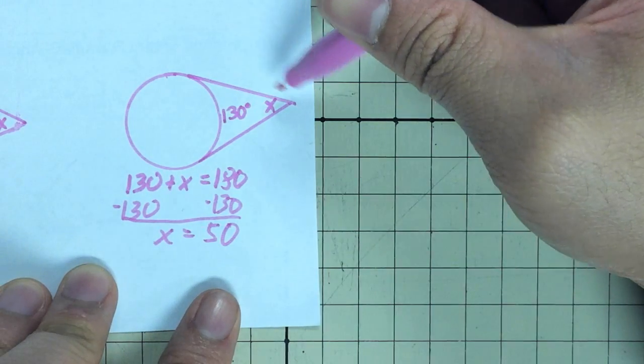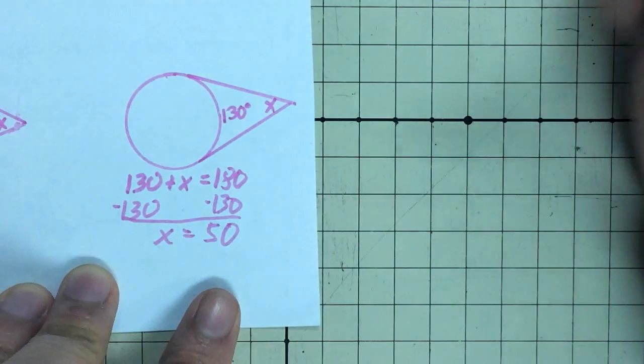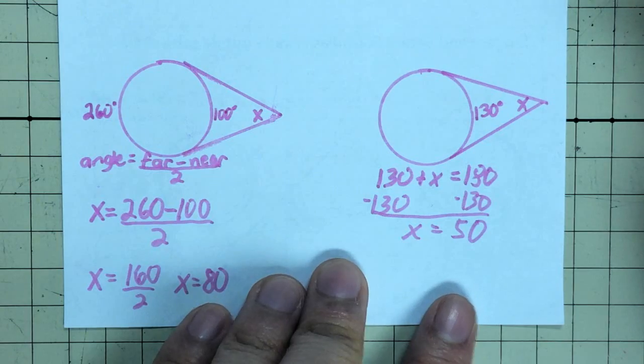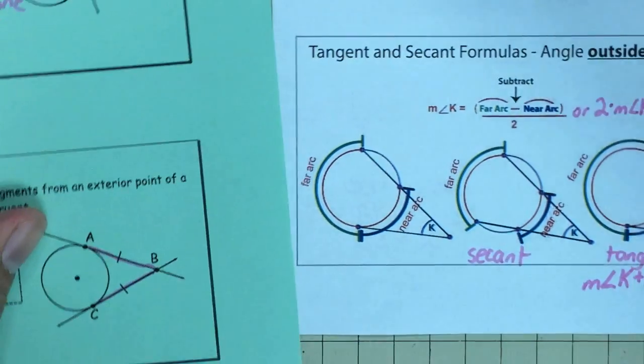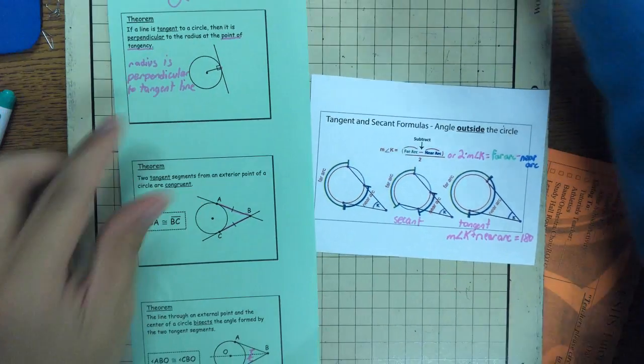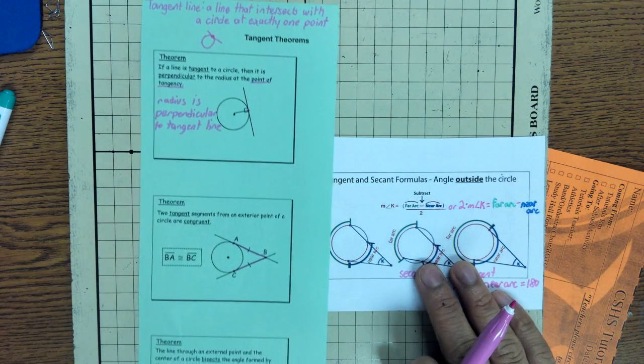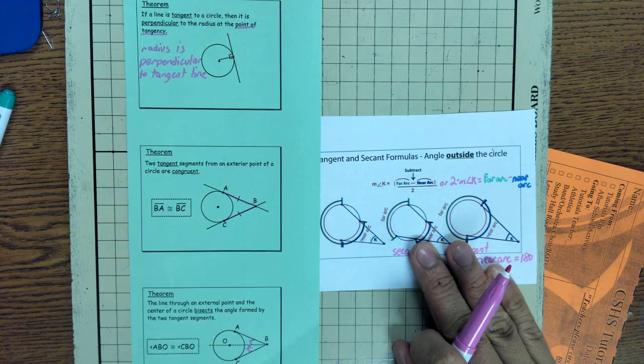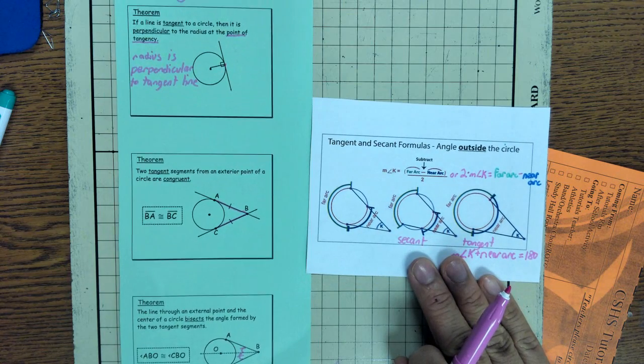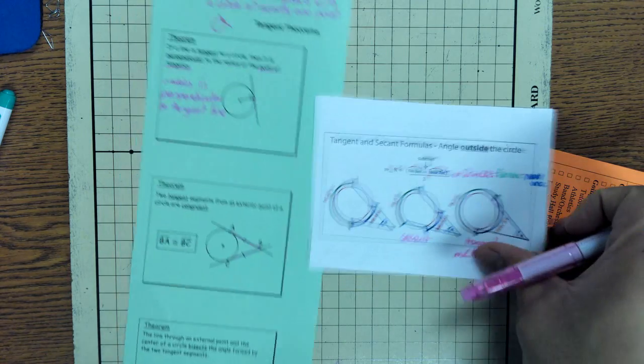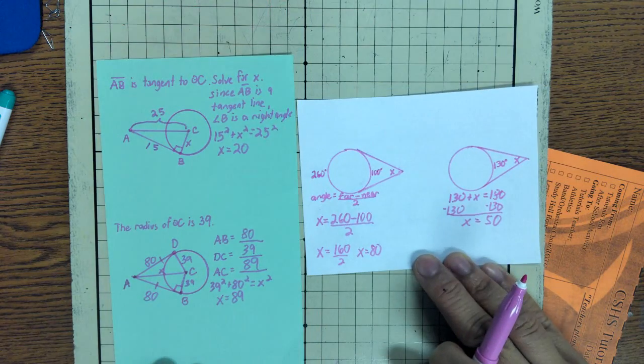So 50 plus 130 degrees equals 180 degrees. Alright. So there you have tangent lines, their different properties, and examples over here.